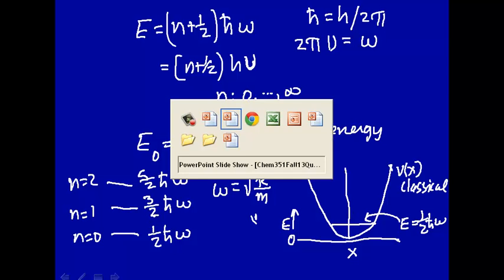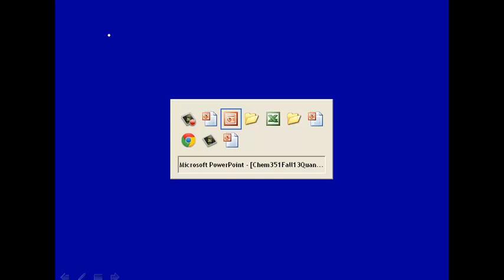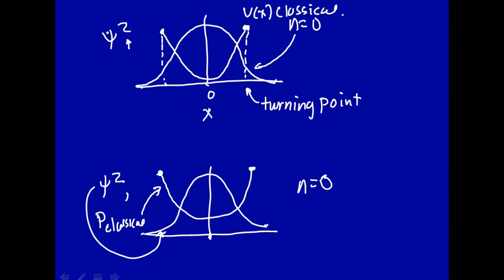All right, so that pretty much wraps up our discussion of solutions to the Schrodinger equation. The last topic we'll consider for the harmonic oscillator is the correspondence principle. If we remember what we had before, classically we predict that you're least likely to find the oscillator right there, where it has the maximum kinetic energy and minimum potential energy.